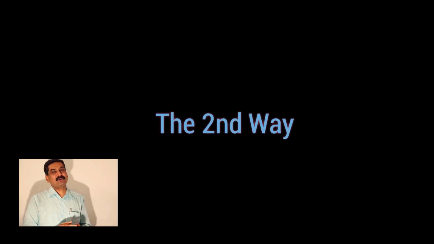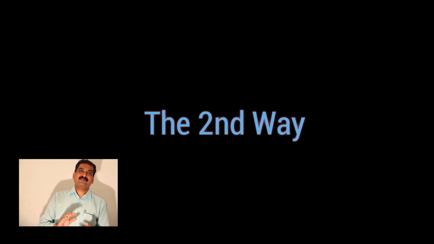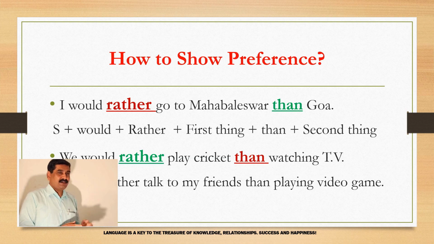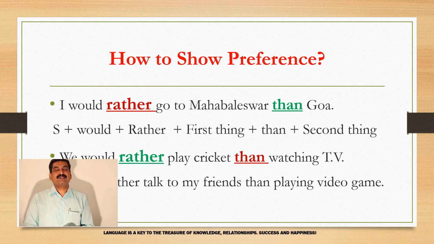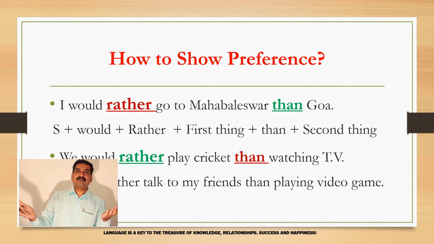The second way to show preference is using would rather than. For example, we can take, I would rather go to Mahabaleshwar than Goa. There are two things, Mahabaleshwar and Goa. Which one I like most?